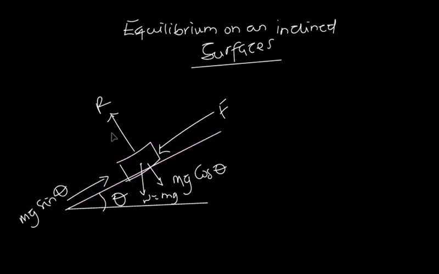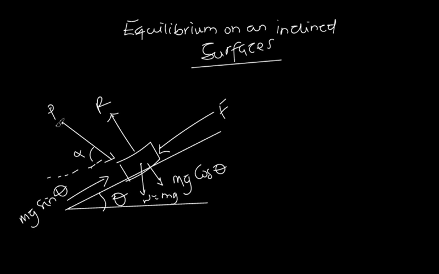Assuming the force we are now applying to hold this body in equilibrium is applied at a particular angle to the body on the plane, then things change. Whenever we apply a force at a particular angle, if I draw the horizontal to that plane, we have an angle here, let's say alpha.